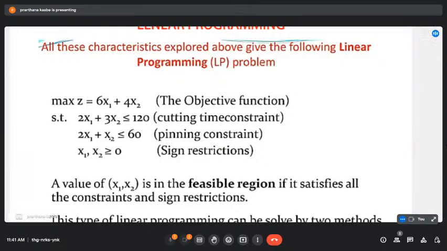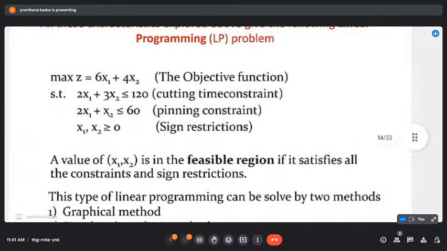2x1 plus 3x2 is less than or equal to 120, that is the cutting time constraint, given as 2 minutes and 3 minutes. So 2x1 plus x2 is less than or equal to 60, that is the pinning constraint. And the sign restriction is x1, x2 is greater than or equal to 0.